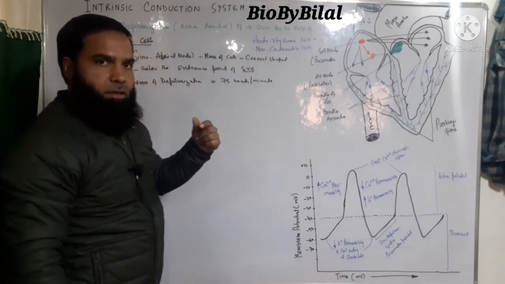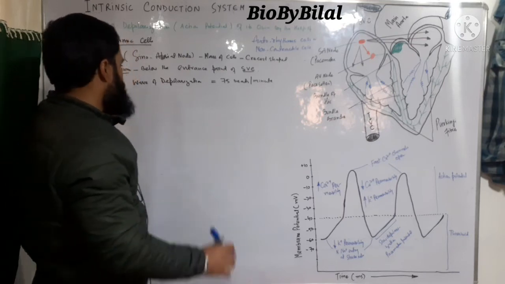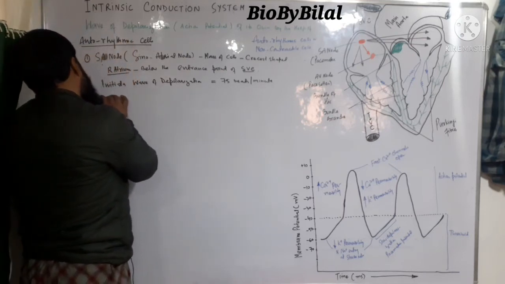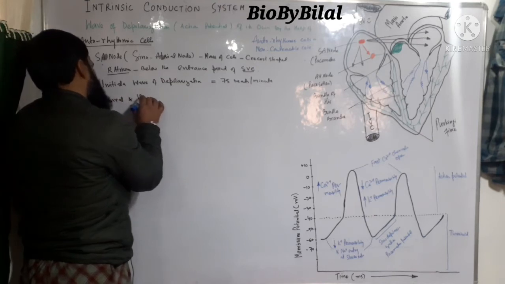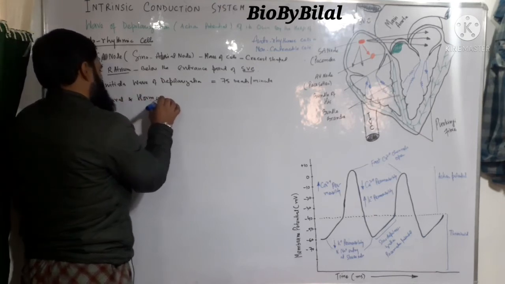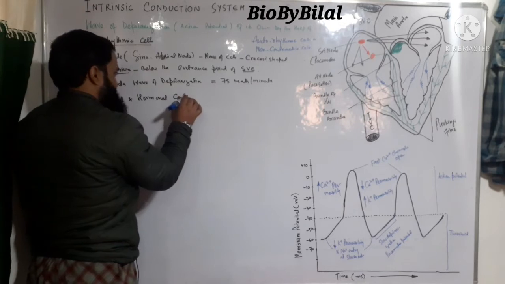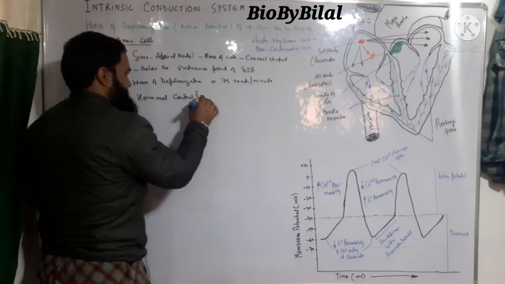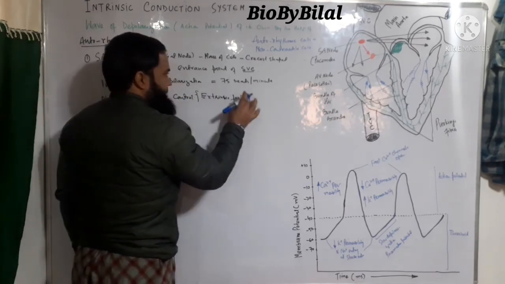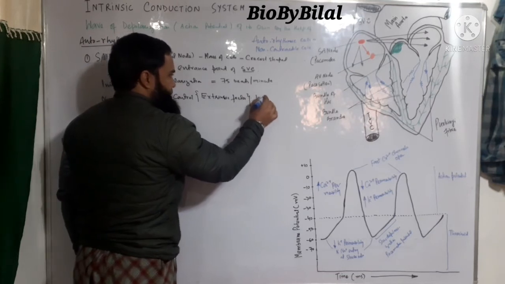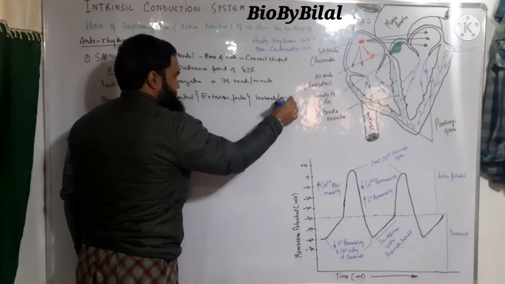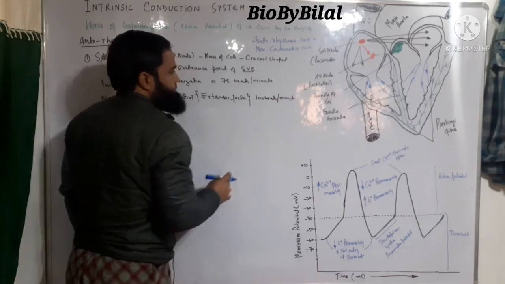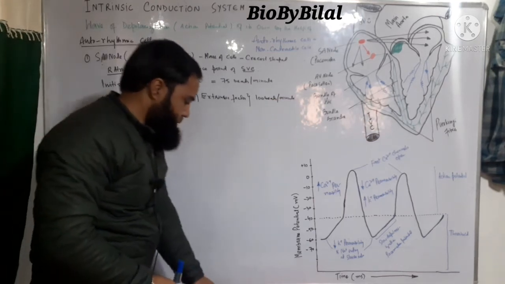When the external factor comes into play in the form of neural and hormonal control, that is the extrinsic factor, it may reach up to 100 beats per minute.